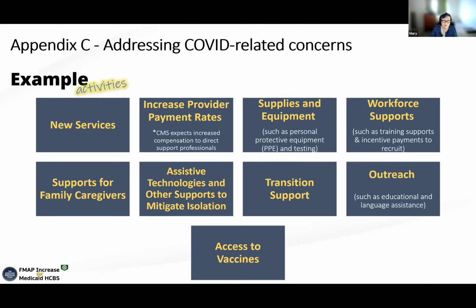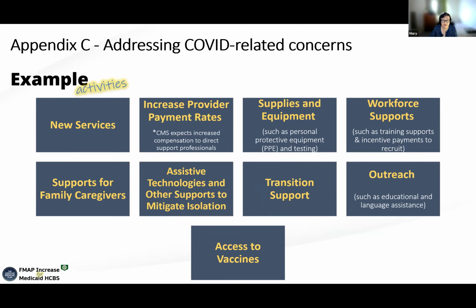Under provider payment rates, CMS provided a range of possible activities, such as increasing leave benefits for direct support professionals, things like hazard pay, overtime pay. You could fund physical or operational changes to an ADH program to more safely deliver services. And you can increase rates for services during this time.